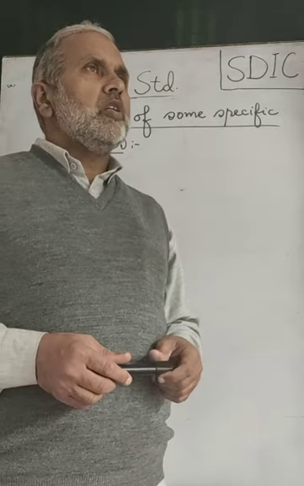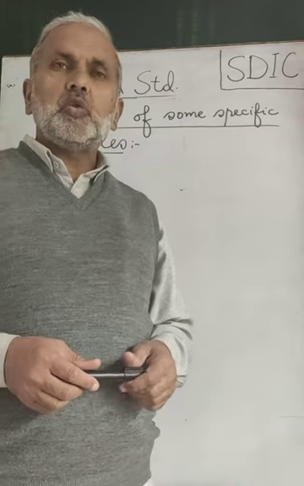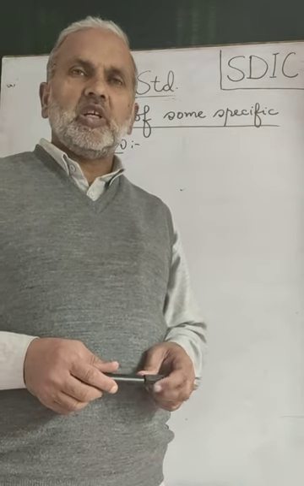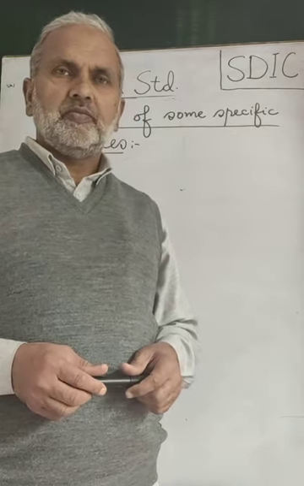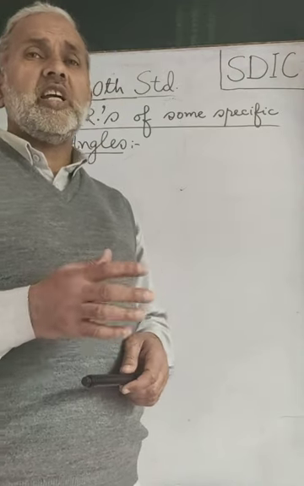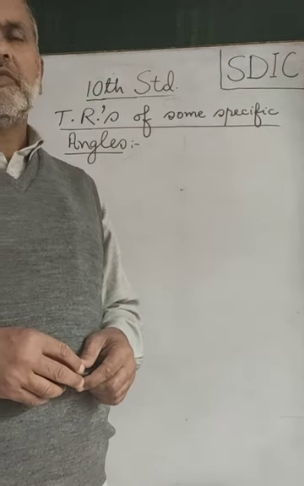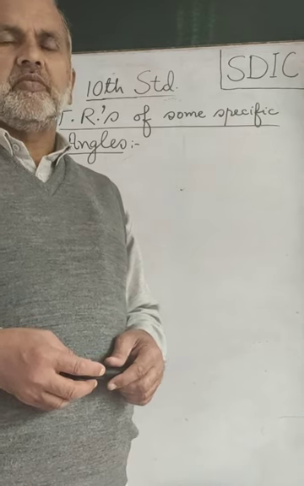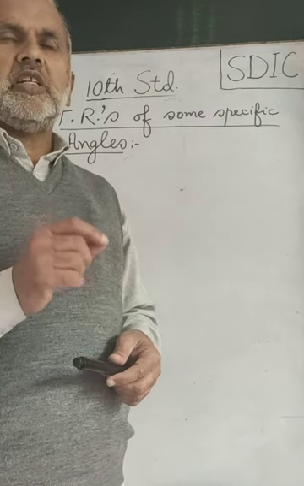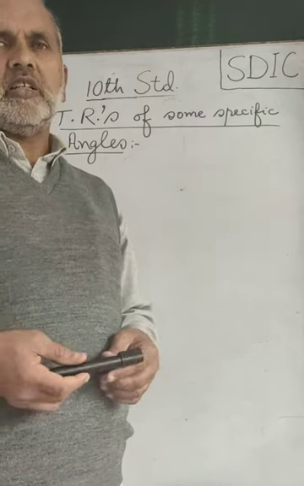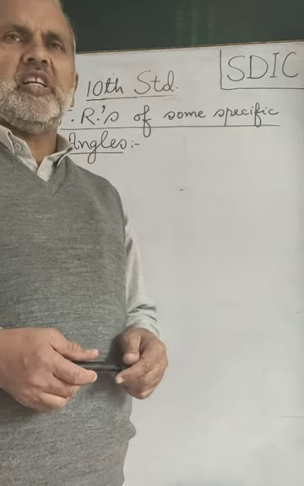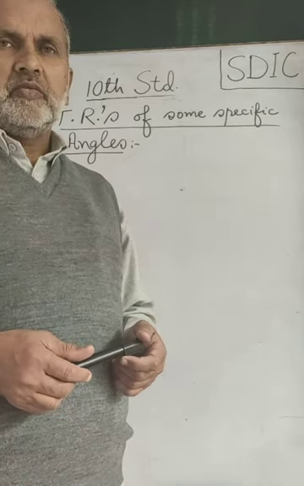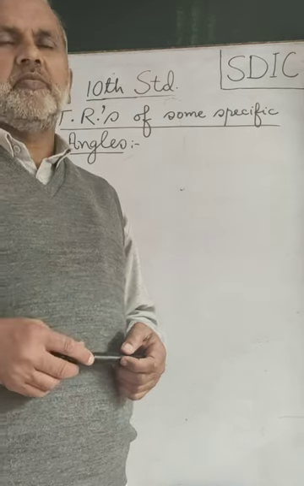Then you were told these trigonometric ratios are meaningless unless the acute angle is written with them. That is why we say sine A or sine theta. We simply don't write sin. That is nothing, it is just an English word, sin. We write cos theta.